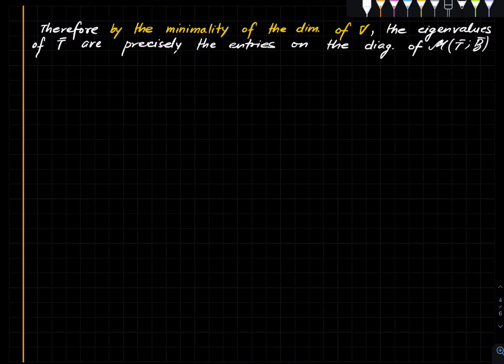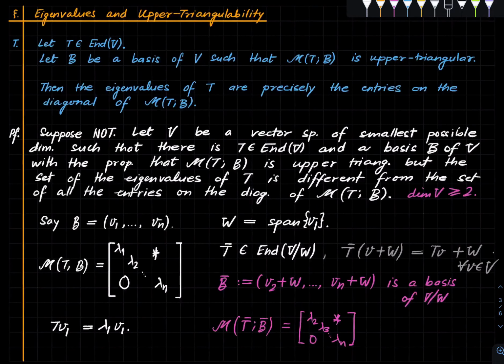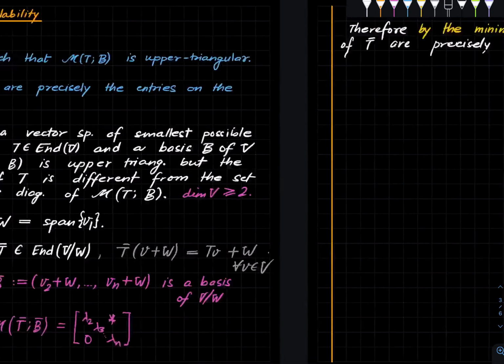So let me explain that. We see that B bar is a basis such that the matrix of T bar with respect to B bar is an upper triangular matrix. And since V was a vector space of smallest possible dimension where one could find a counterexample to this theorem, the eigenvalues of T bar must precisely be these numbers. And that's what we have written here.